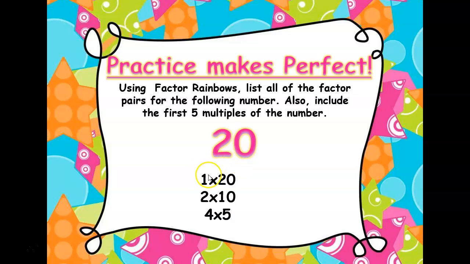So 1 multiplied by 20 is 20. 2 multiplied by 10 is 20, and 4 multiplied by 5 is also 20, right, kiddos? So 20, 40, 60, 80, 100. Those would be the first 5 multiples of the number, right? 20 multiplied by 1, 20 multiplied by 2, 20 multiplied by 3, 20 multiplied by 4, and 20 multiplied by 5.